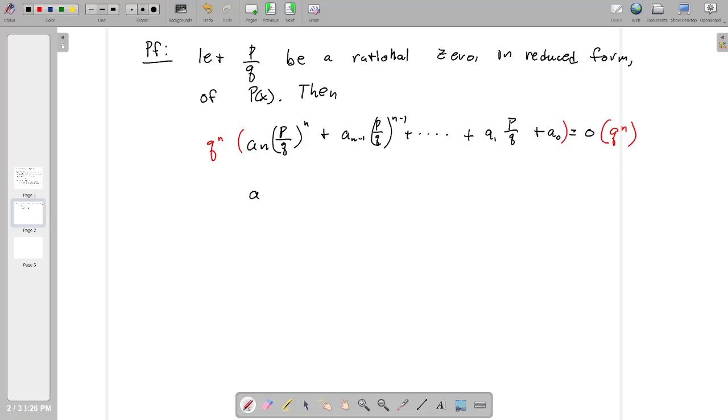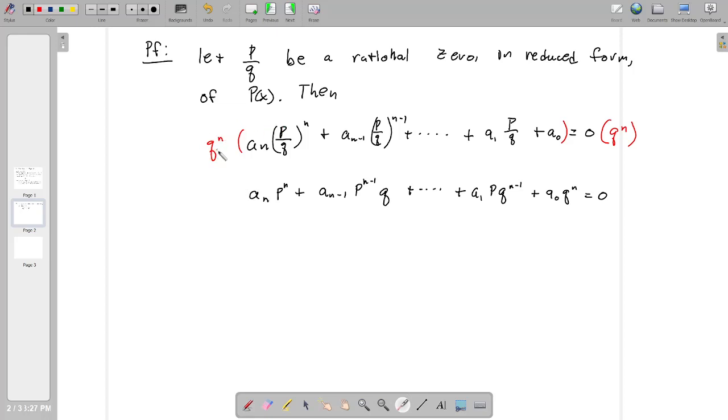So we would end up with a sub n p to the n plus a sub n minus 1 p to the n minus 1 q, down to a sub 1 p q to the n minus 1 plus a sub 0 q to the n equals 0.